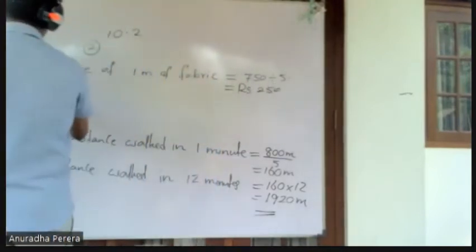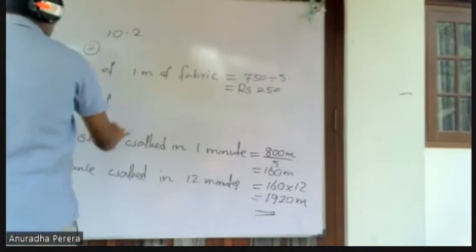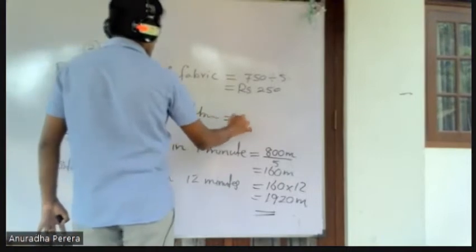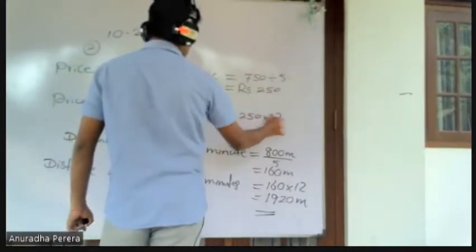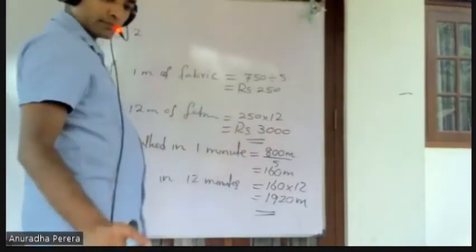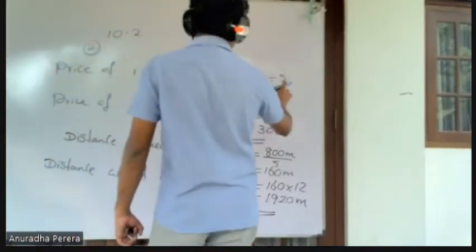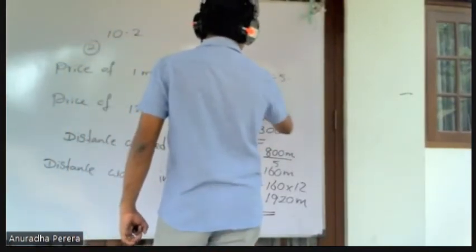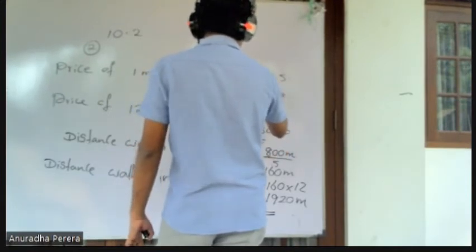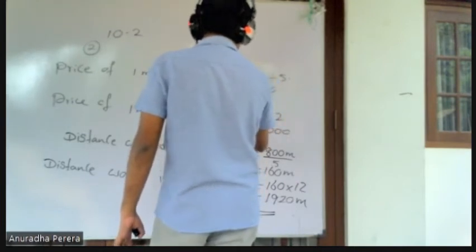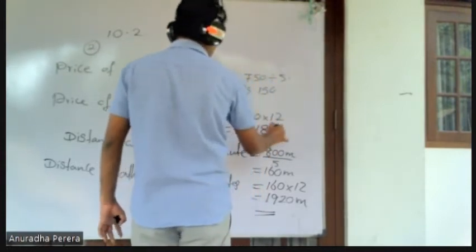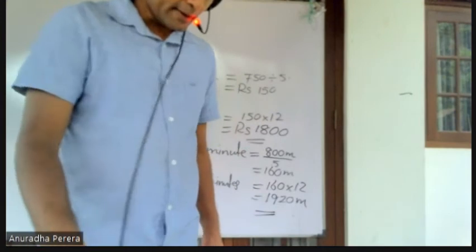Then the price of 12 meters of fabric: multiply this by 12. What is the answer? 1800.